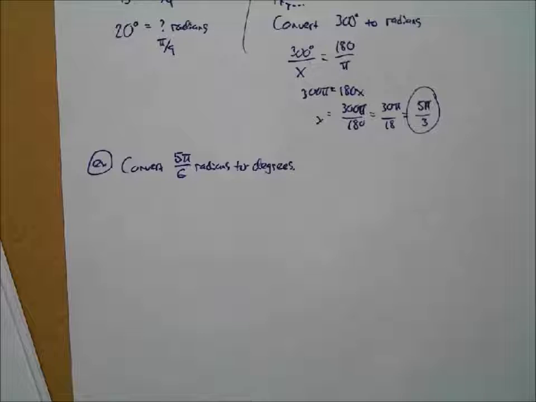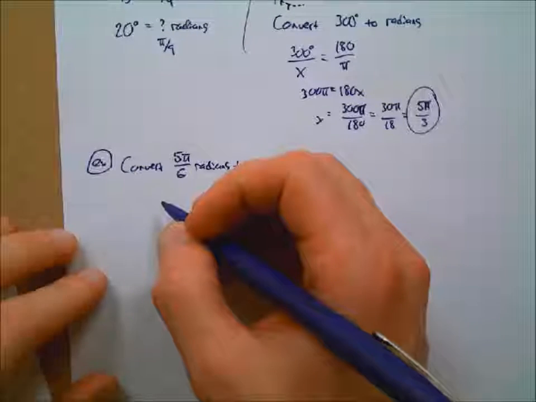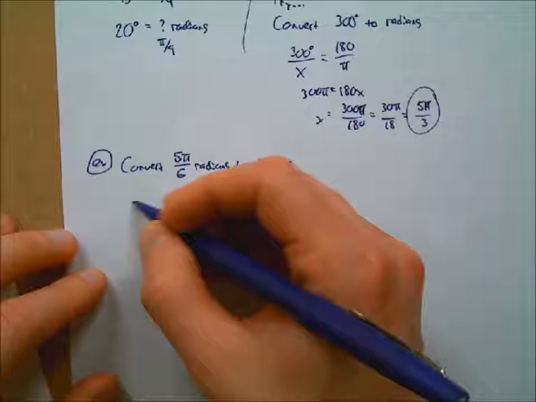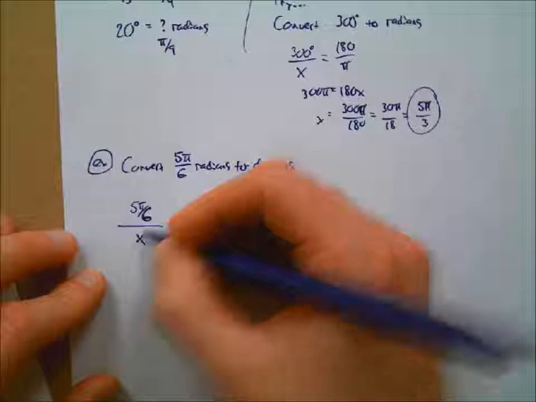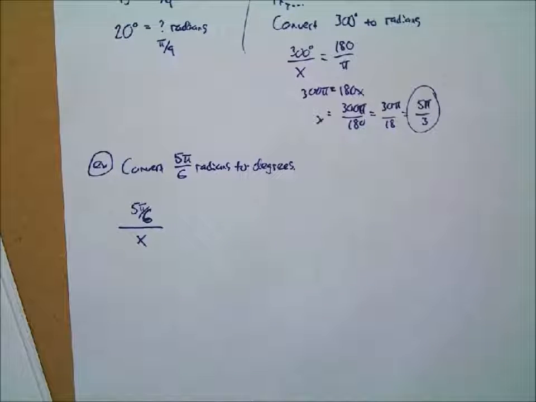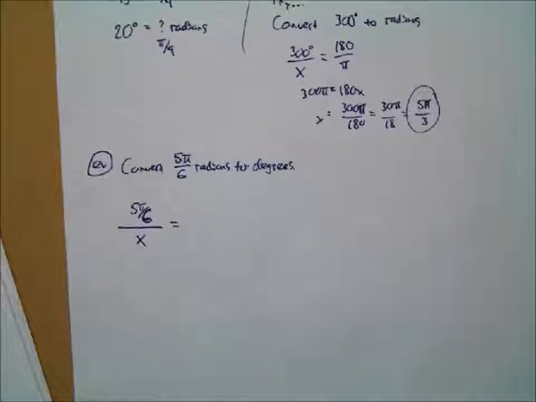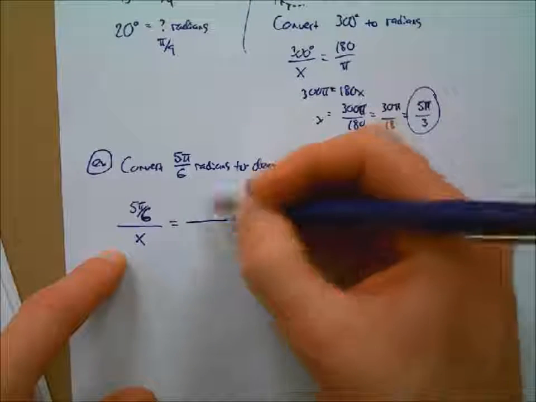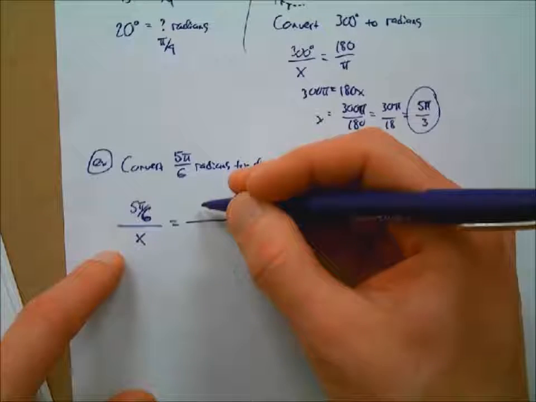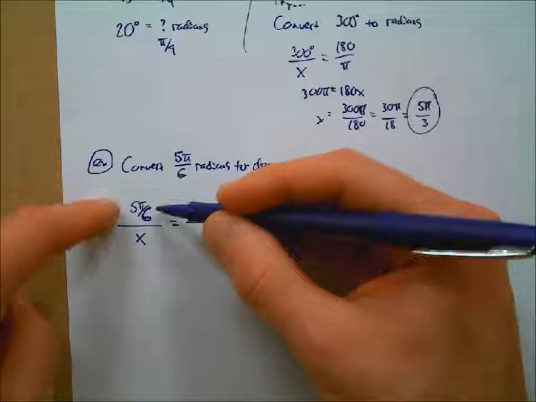All right, so the same principle applies here. 5 pi over 6 is now what we're going to convert. So I'll say 5 pi over 6. That'll compare to x degrees here. And so now that I have radian measure over a degree measure, when I go over here, what number should I put up top? So it's a radian measure over a degree measure.